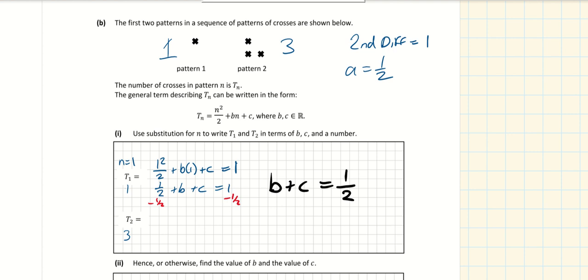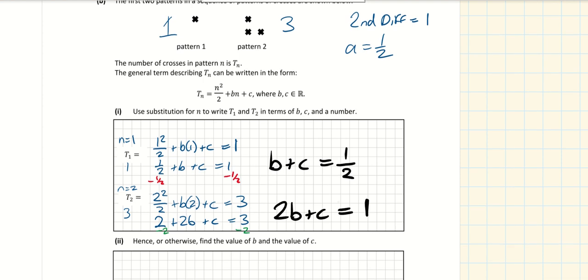Now you do the exact same with the other, except we've got 2 squared over 2. So this time n equals 2: 2 squared over 2 plus b times 2 plus c equals 3. 2 squared is 4 over 2, which gives you 2, plus 2b plus c equals 3. When we minus 2 from each side, we get 2b plus c equals 1.